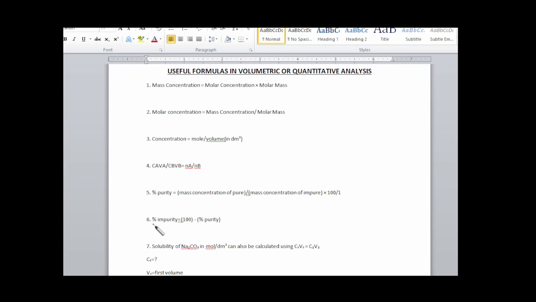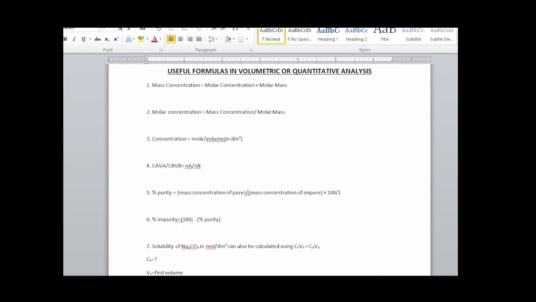And percentage impurity is going to be 100 minus the percentage purity. If we have calculated the percentage purity, then we can subtract that answer from 100 to get our percentage impurity.